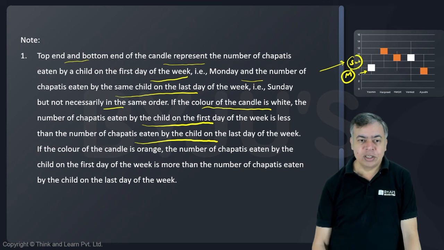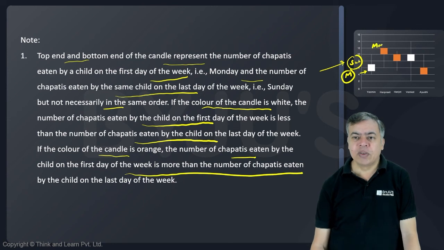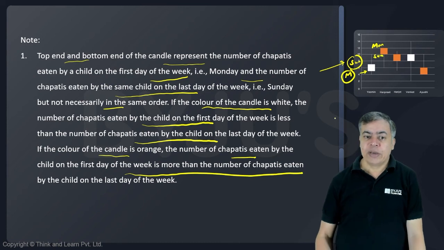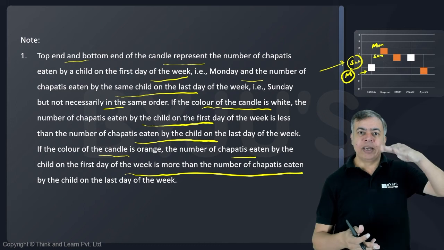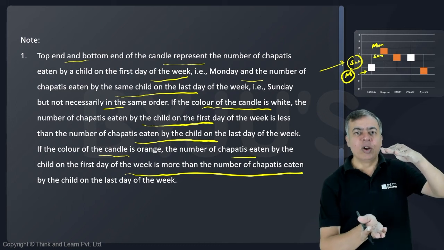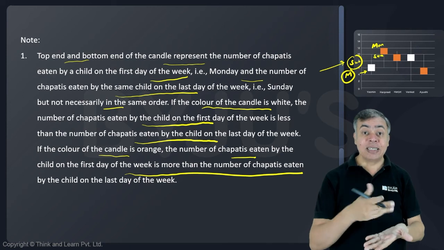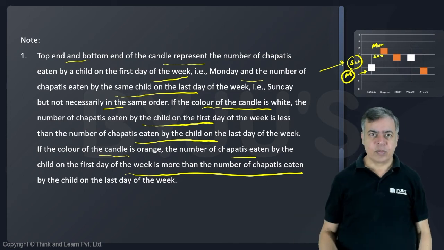If it is orange, the number of chapatis eaten on the first day of the week is more than the number eaten on the last day. So the first day will be here, that will be more, and the last day will be here. So if it is orange, Monday will have the higher number of chapatis, Sunday the lower number. If it is white, Monday will be lower. Monday is the first day, Sunday is the last day, so the week runs Monday to Sunday.